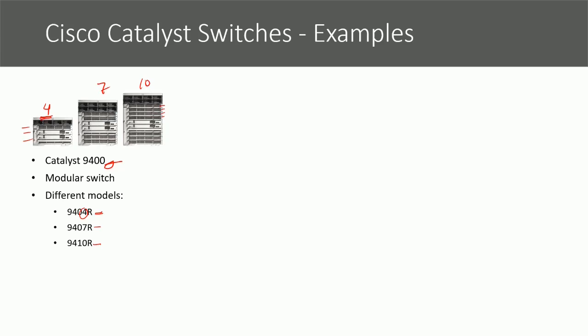This number represents the total number of slots, but they cannot all be used for user connectivity, uplink, or switch connectivity. 2 of these slots are used for the supervisor or management module, which means you have only 2 slots here for line cards, 5 slots here for line cards, and 8 here for line cards. These modules are called line cards, which means the cards or modules that are used for user, server, or switch connectivity, and these 2 slots are reserved for supervisor or management slots.